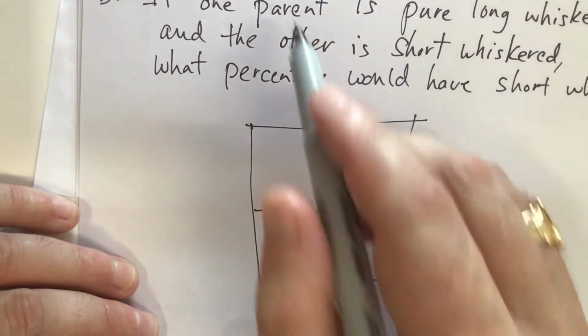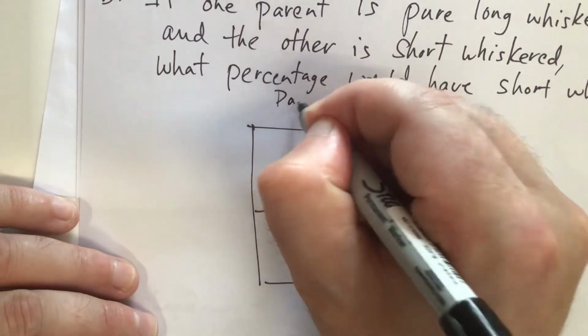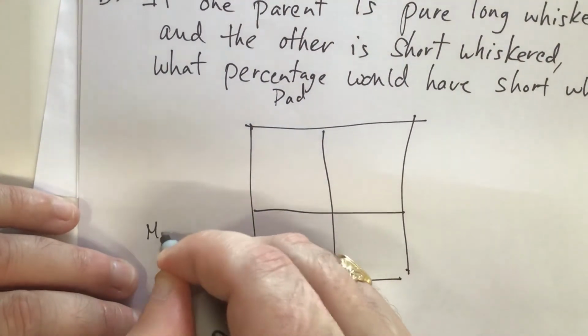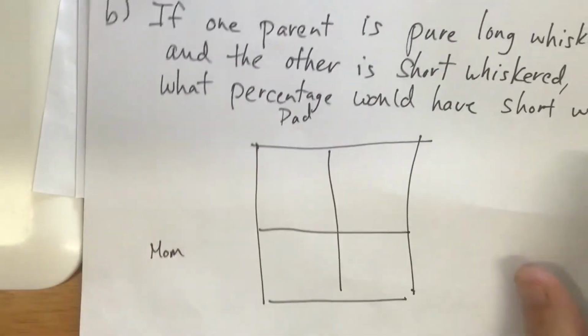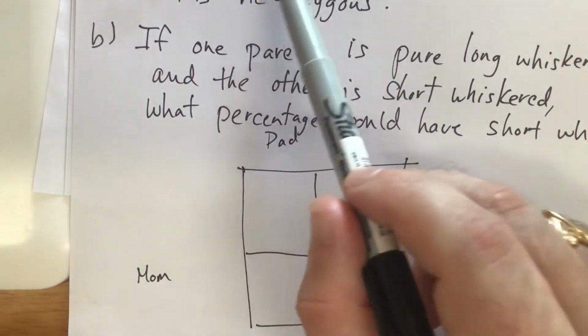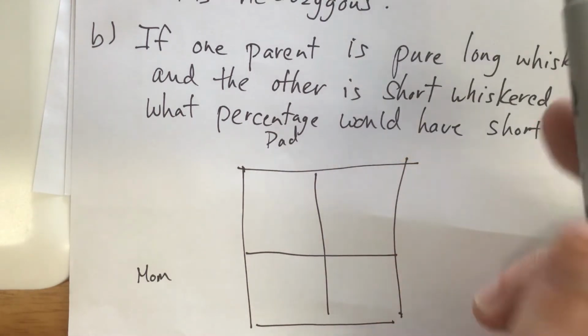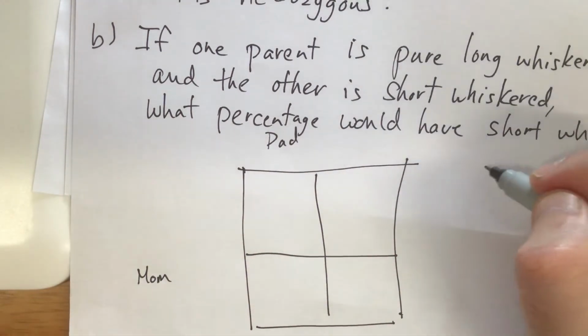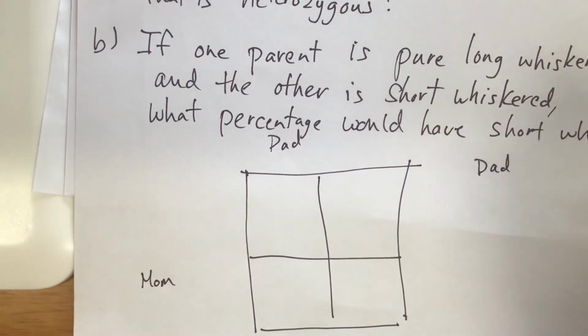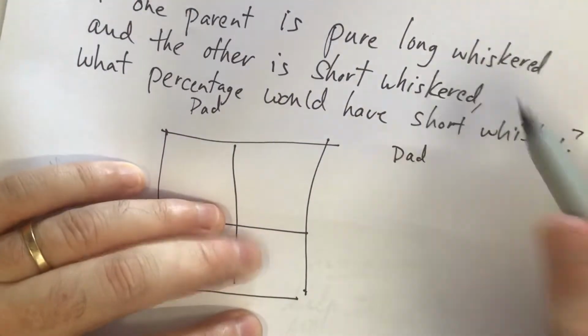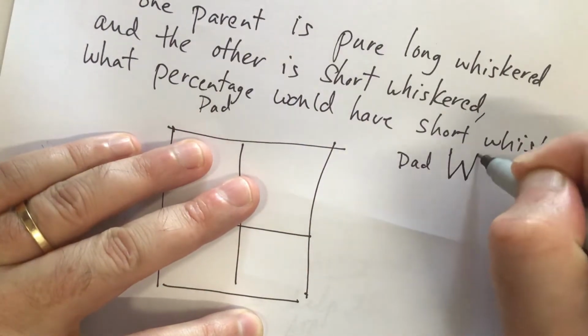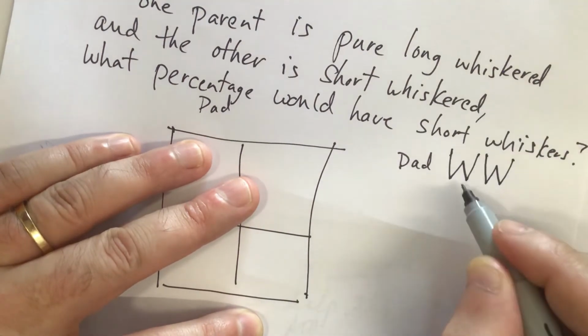Okay, so I'm going to put dad's at the top. Doesn't have to be dad, it could be reversed, and mom on the bottom. Okay, so we've got one that is homozygous dominant. So what does that mean? So for example, if we say dad is homozygous dominant, that means that dad has 2 capital letters.